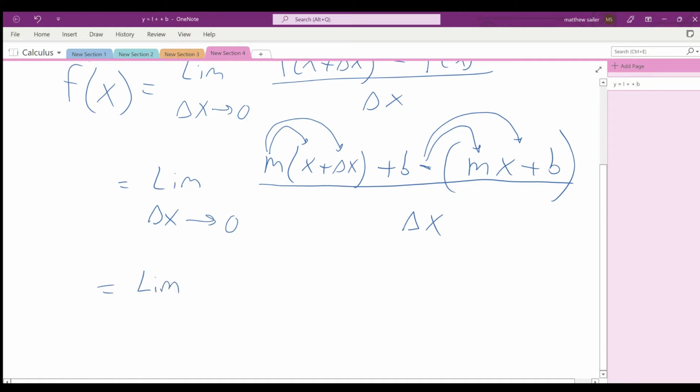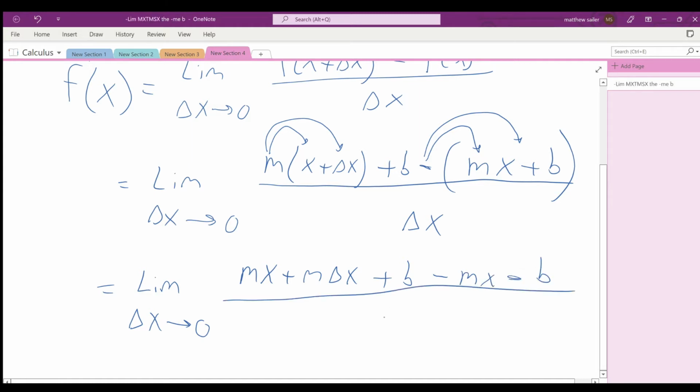So this is going to equal the limit as delta x approaches 0 of mx plus m delta x plus b minus mx minus b all over delta x.